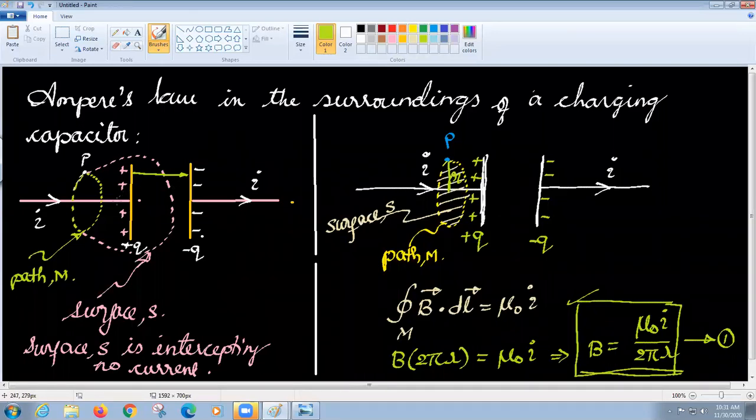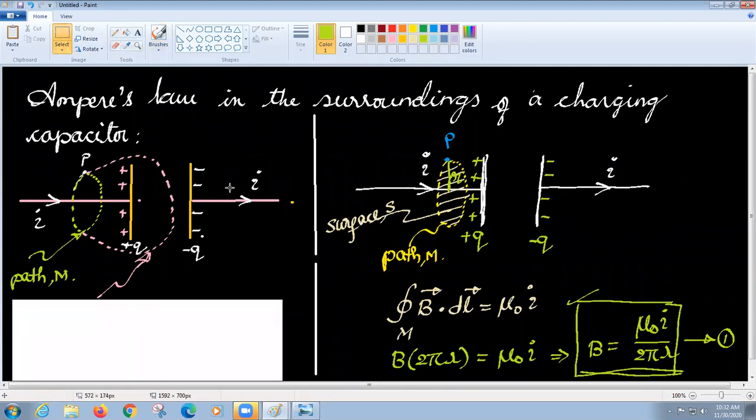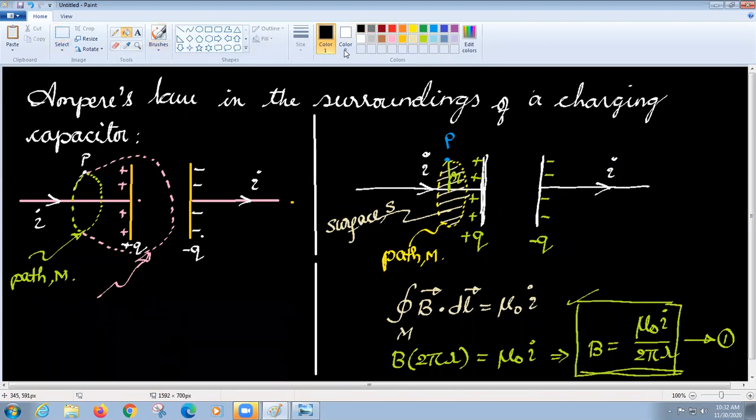Okay. Before I go to this, what I would like to find is magnetic induction. So let me take the same path M. See, the path M is open.